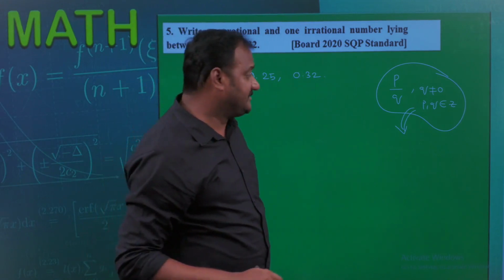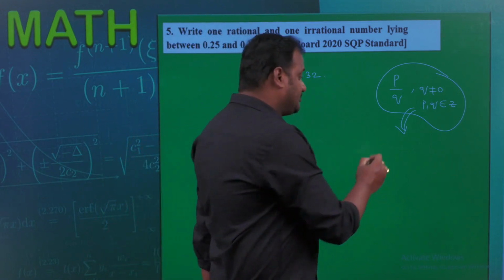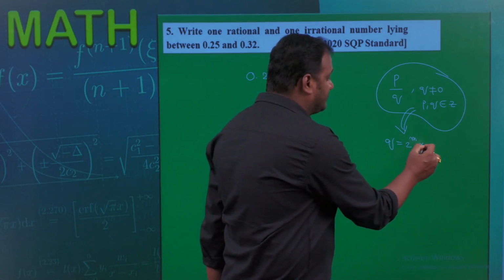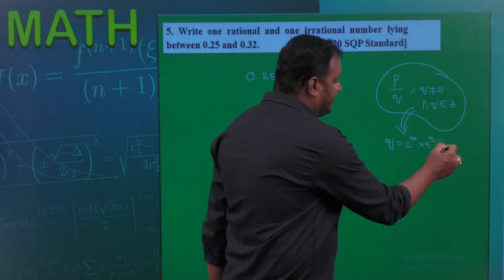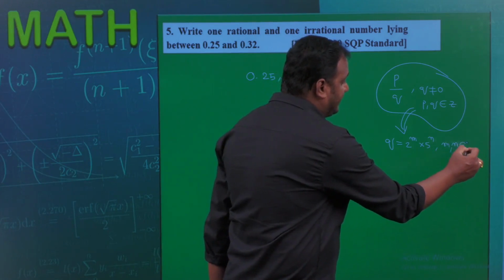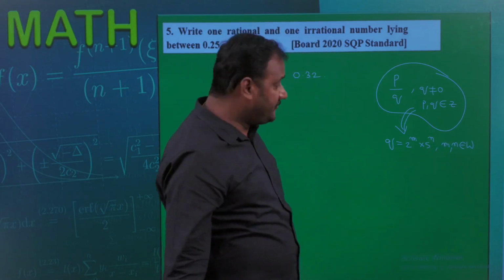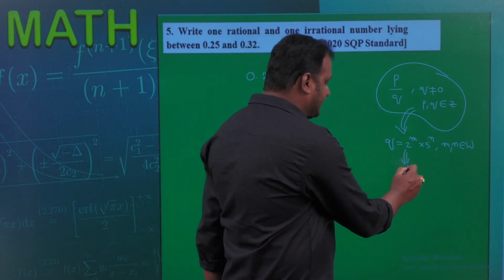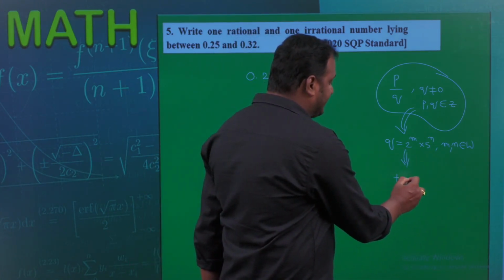And what kind of decimal expansion? Suppose you can write q as 2 to the power m into 5 to the power n, where m, n are whole numbers. If you can express the denominator like that, then this kind of number is said to be a terminating decimal.